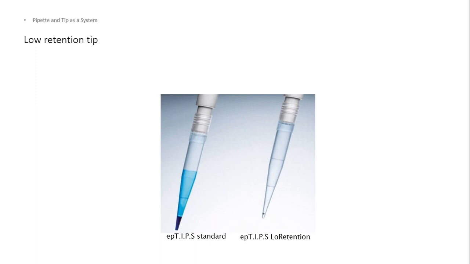Once you avoid retention, you have better measurement. Retention in the tip equals inaccuracy of your measurement. So no retention means better measurement. This is the last topic for this discussion.